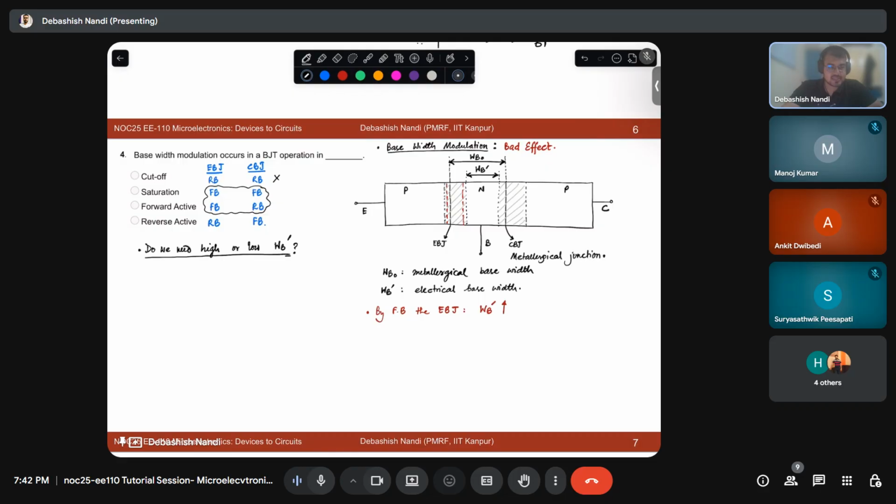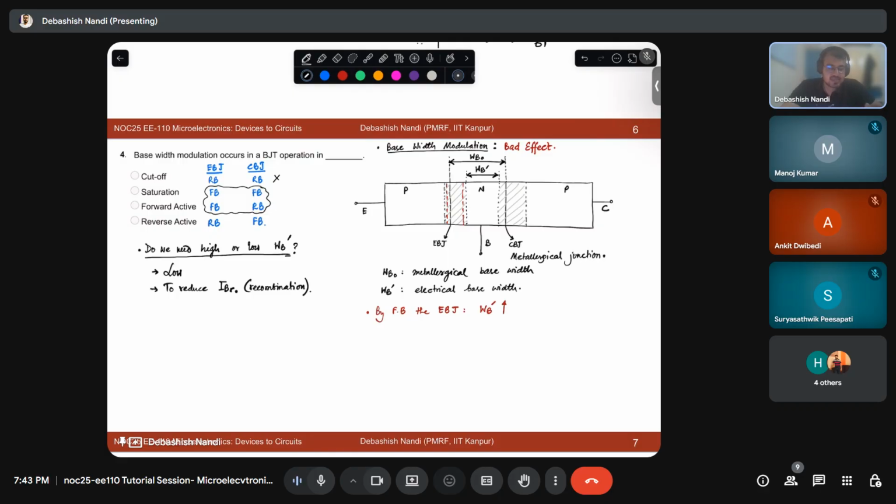Lower WB dash, to reduce recombination. Fine. So we want a lower WB dash.